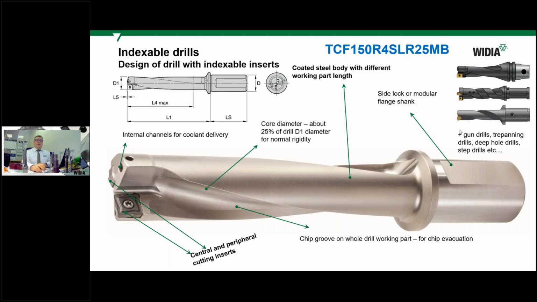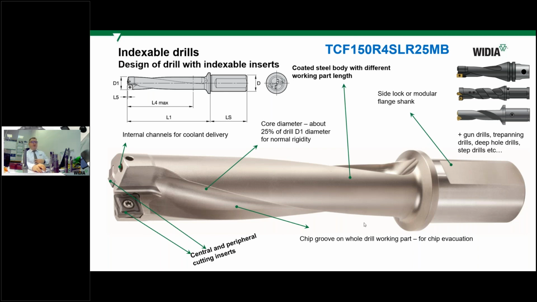For example, with another shape of inserts, with a special central drill bit, or with completely longer versions. Also, gun drills can be with indexable inserts, and trepanning drills can be with indexable inserts, and so on.